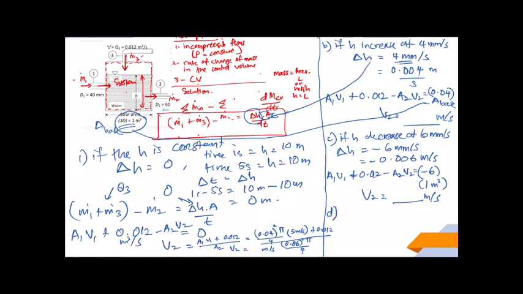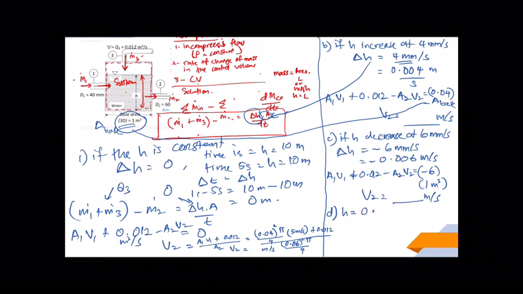How about D? If H is constant, which means delta H is 0, right? And then section 3 is closed. Section 3 is closed. Closed means 0 meter cube per second. So simple, right?